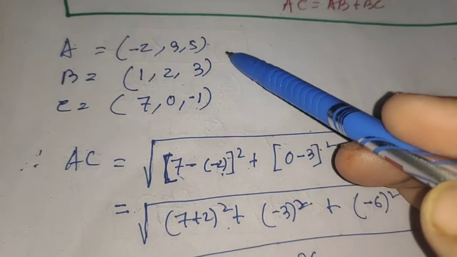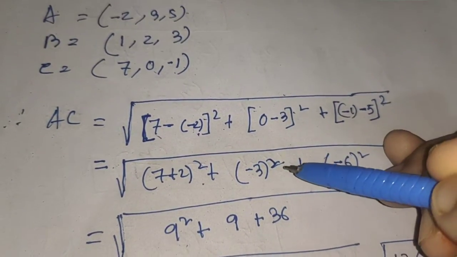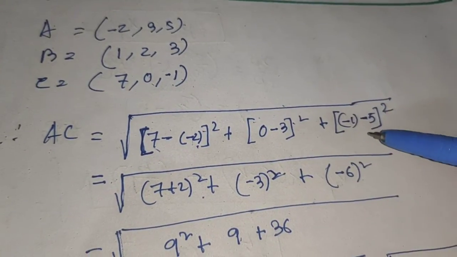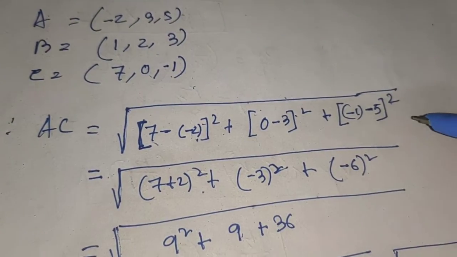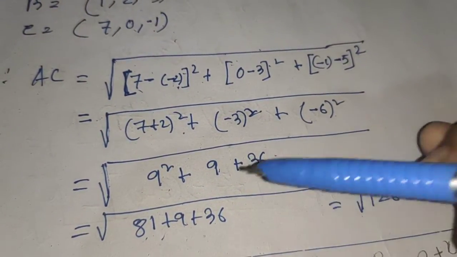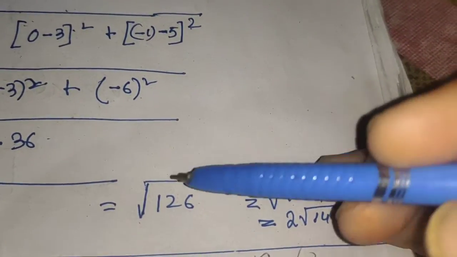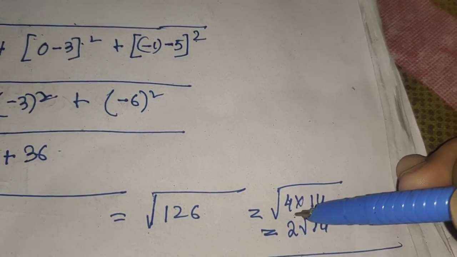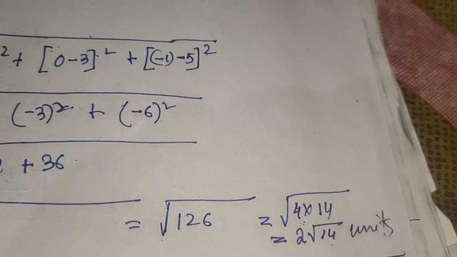Plus y3 is 0, y3 minus y1 is 0 minus 3, whole square means (-3) whole square, which is 9. Next one: z3 is -1 and z1 is 5, so -1 minus 5 whole square means (-6) whole square, which is 36. So ultimately it is 81 plus 9 plus 36, which equals 126. If we want to break it, 126 means 9 into 14, so the square root of 9 is 3, and the answer will be 3 root 14 units.